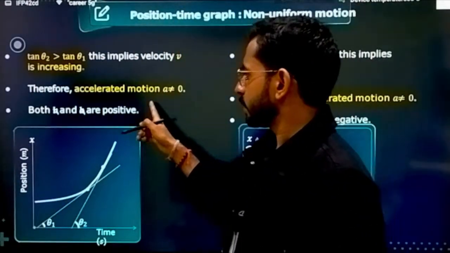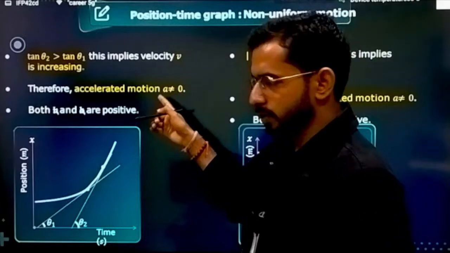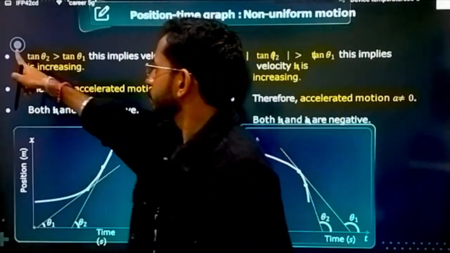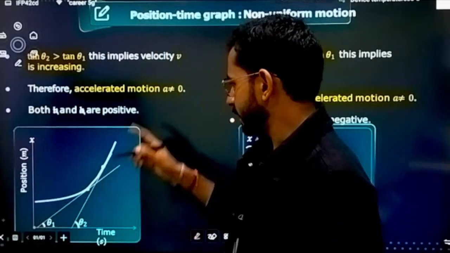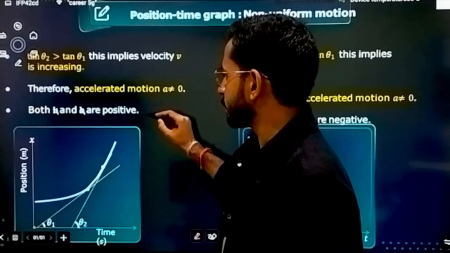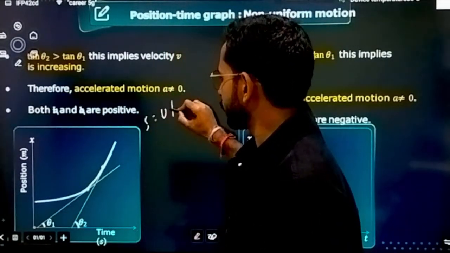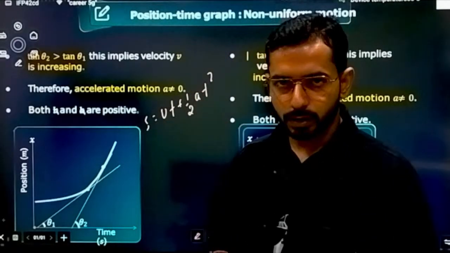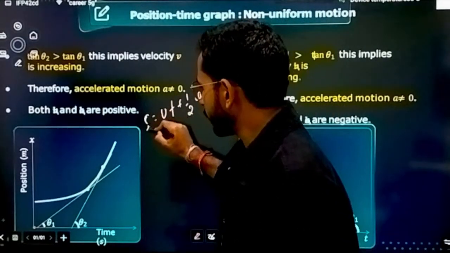See, the accelerated motion is there. Acceleration is not equal to 0, and for position versus time, again you have to create the curve. What kind of curve will you have? Write the relation of position versus time when acceleration is present. We know a single relation, s equals ut plus half at square. So what kind of relation do I have?